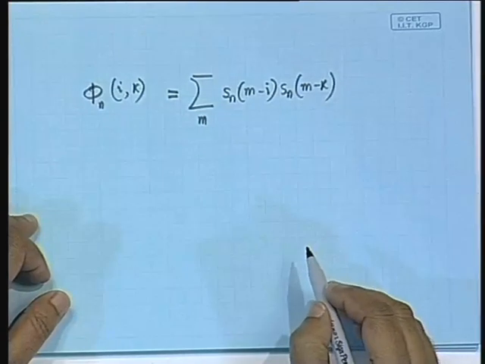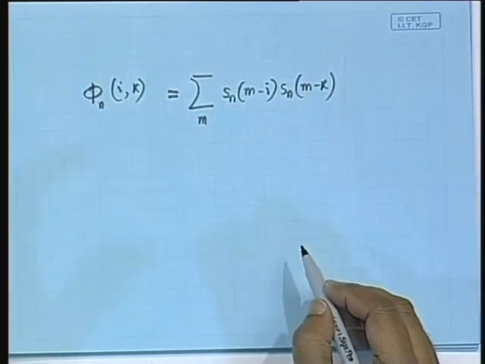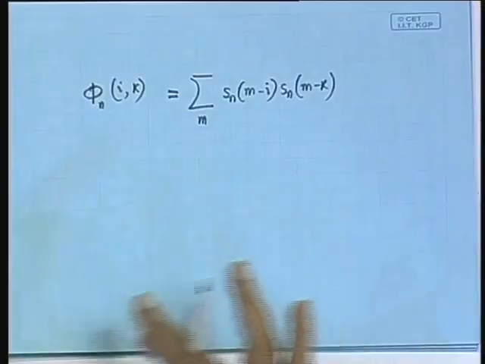This is nothing but the autocorrelation function. Here i is a sort of initial offset from the starting, and k will be the lag. So essentially the lag in this case is going to be i minus k.